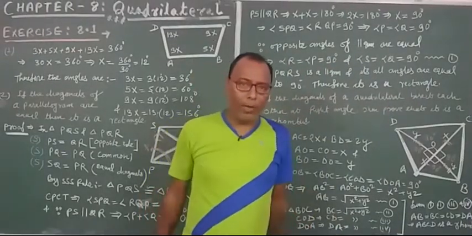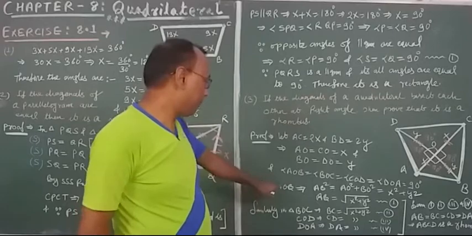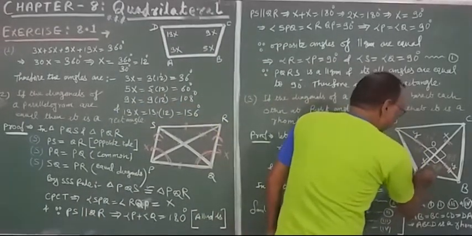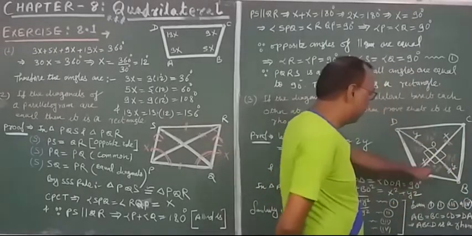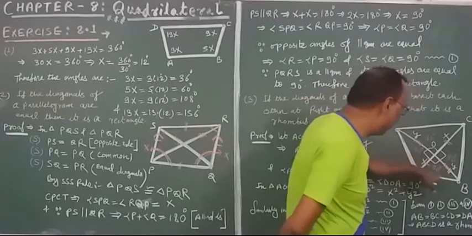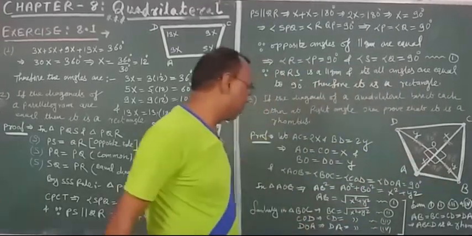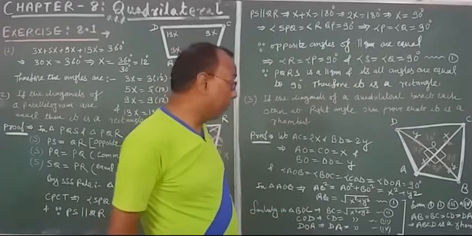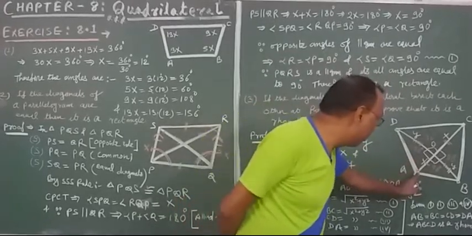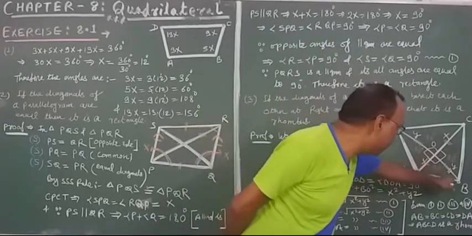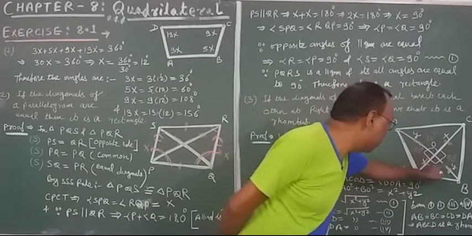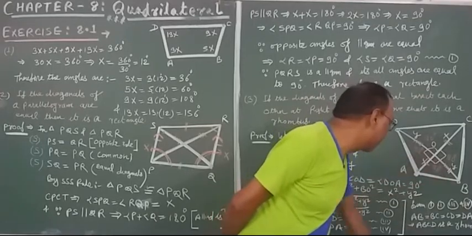Now you have 4 right angle triangles. In the first triangle, AOB, just look here, this angle is 90 degrees. It means AB is the hypotenuse, and using the Pythagoras theorem, AB square is equal to AO square plus BO square, which is x square plus y square.